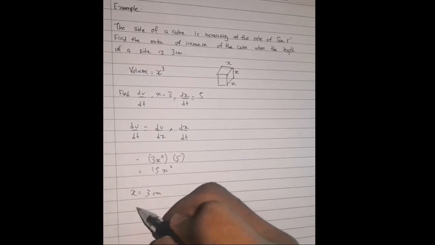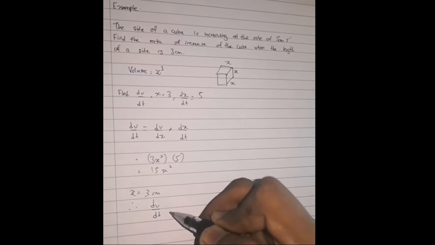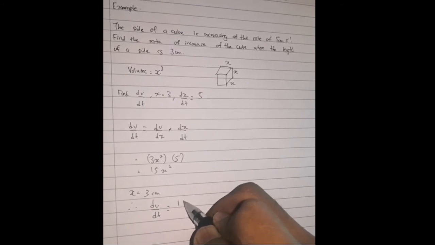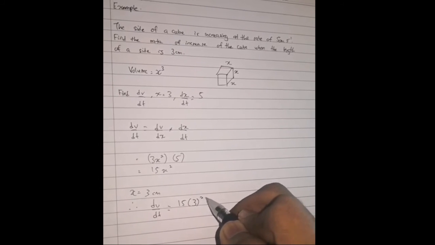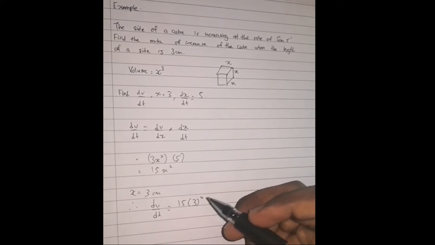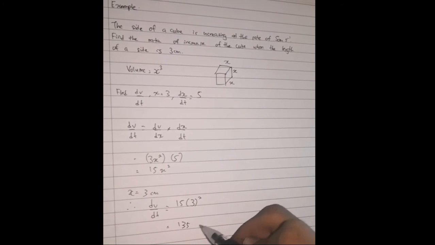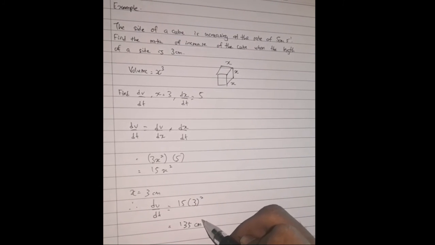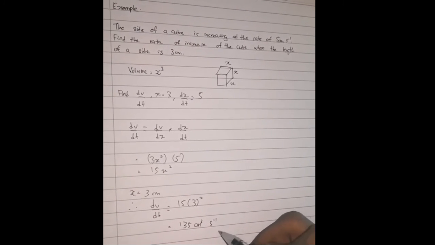So dV/dt equals 15 times (3) squared. Here we get the answer 135 cm cubed per second, cm cubed s to the negative 1.